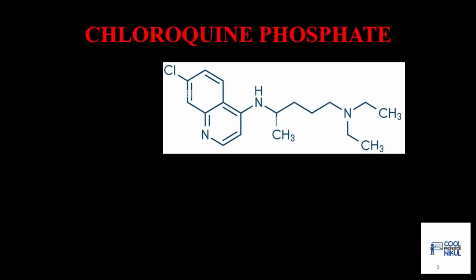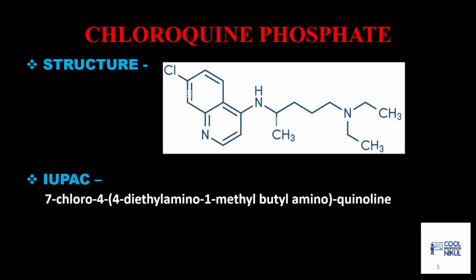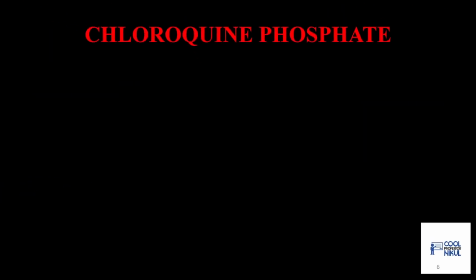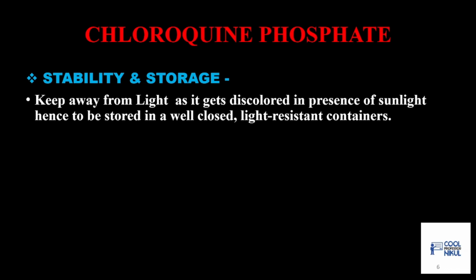This is the structure of chloroquine phosphate, and this is the IUPAC name. Stability and storage: keep away from the light as it gets discolored in presence of sunlight.